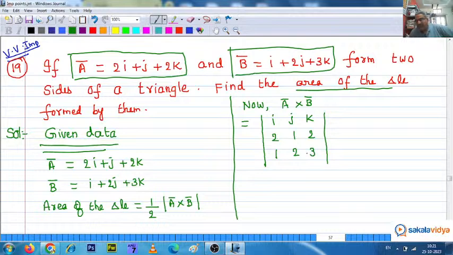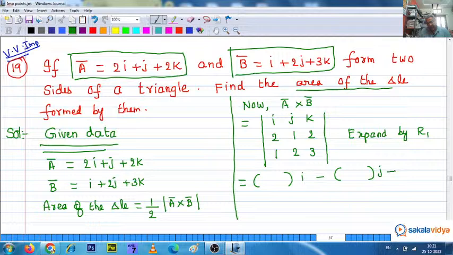So, in order to find A cross B, the determinant formed by i, j, k, 2, 1, 2, 1, 2, 3 you need to find out. So, expand by R1, row 1. Don't get confused. So, you can write bracket i, minus bracket j, plus bracket k. I will explain, don't worry.